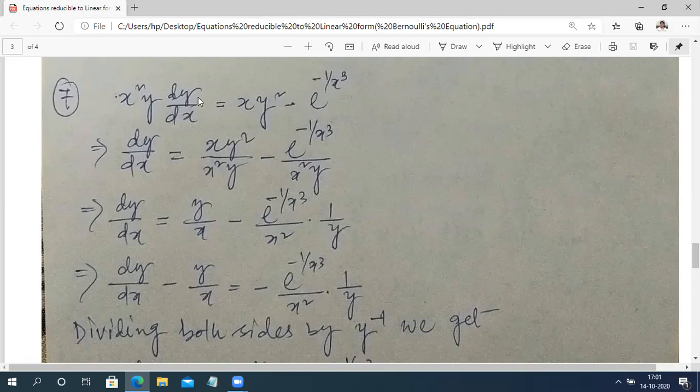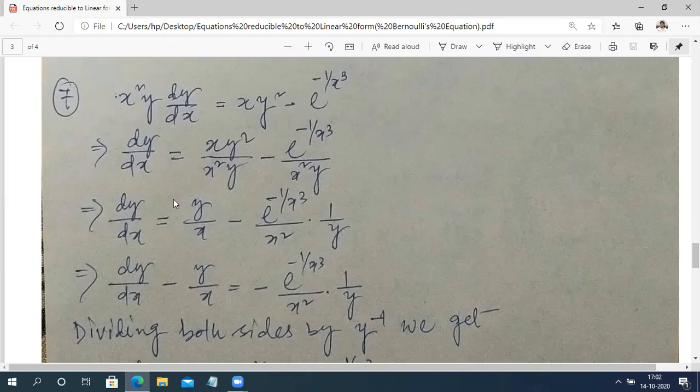Divide the whole equation by x square y. Left hand side will be dy by dx is equal to, if we divide this term by x square y, y by x minus e raised to the power minus 1 upon x cube by x square y.